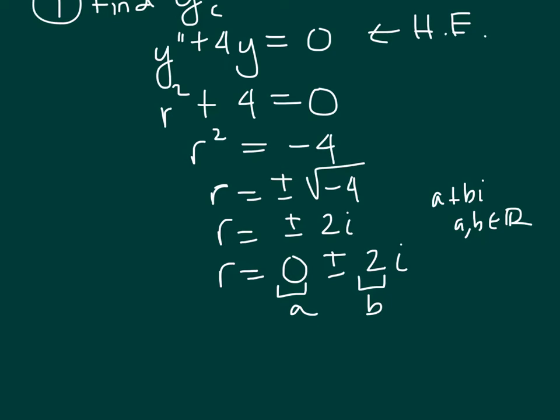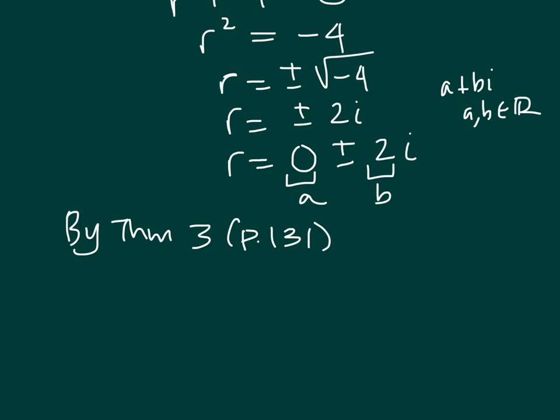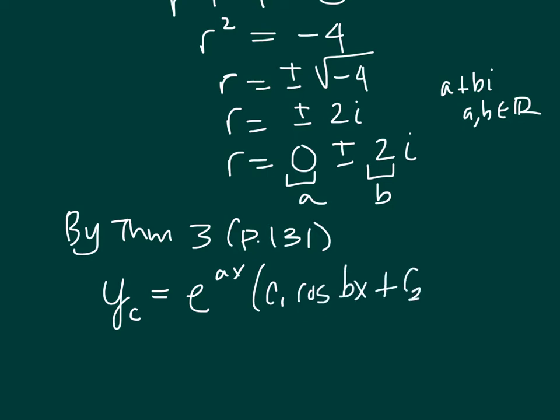So by theorem 3, from section 2.3, on page 131, if you want to go ahead and look at that, the form of our general solution, y sub c, let me just write it out, since it's a good review for your test, is C1 cosine bx plus C2 sine of bx.